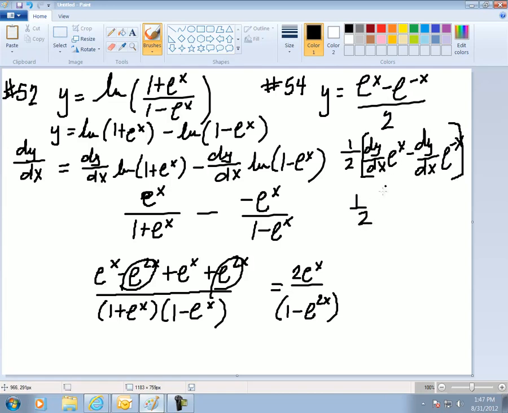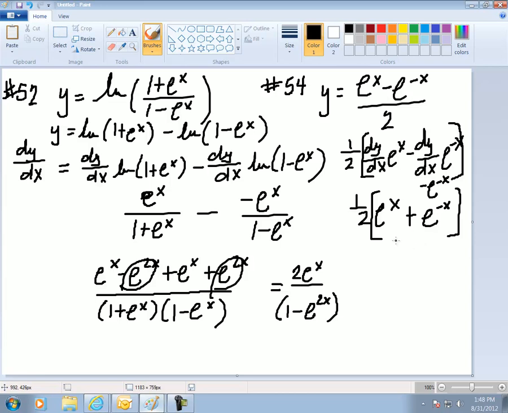And now the derivative of e to the x is simply e to the x. I'm subtracting here, but the derivative of e to the minus x is going to be minus e to the minus x. My two negatives will cancel, so it's just plus, again, that 1/2's out front, e to the minus x. Okay. And now this would be my final answer.